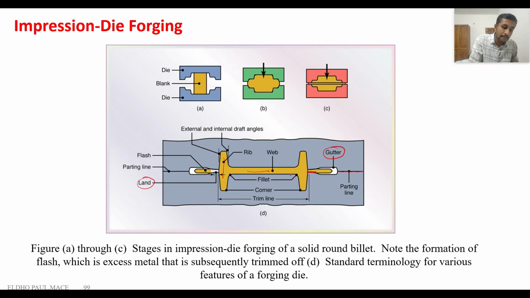And we can see a fillet here. Instead of sharp corners, here is a fillet, and this is the sharp corner, and the flash is formed here. This is the flash which is formed, which has two areas, land and gutter region, and those are the different terminologies associated with the impression die forging process.